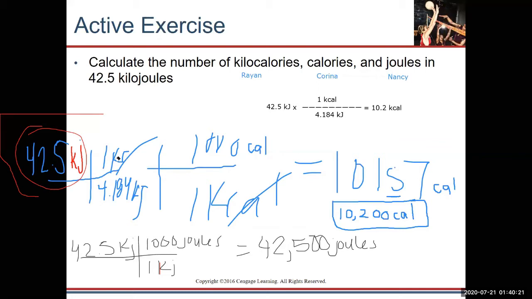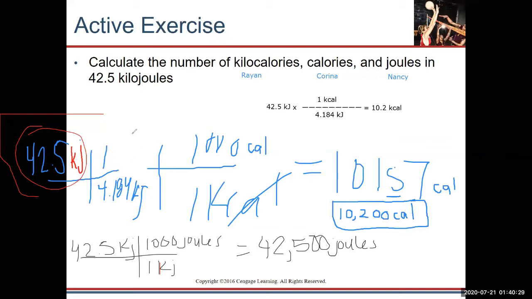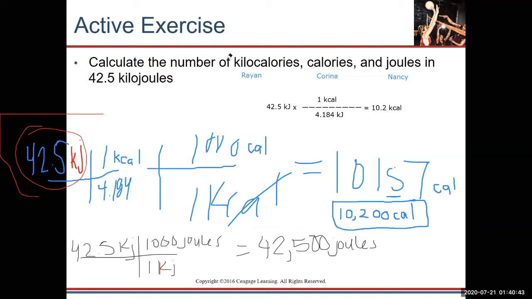You're right. It's K-calorie right there. So it's not kilojoule? This here is K-calorie. This down here is kilojoule. Kilojoule, yeah.